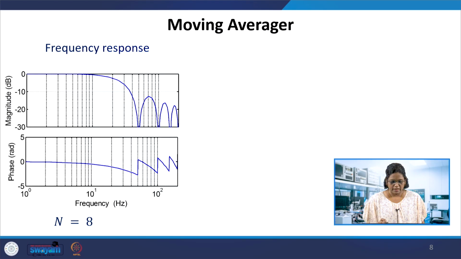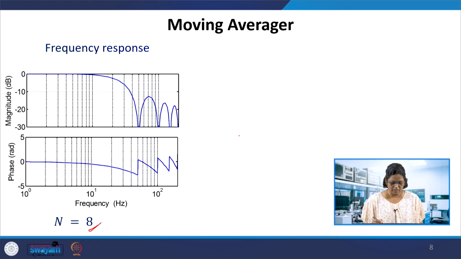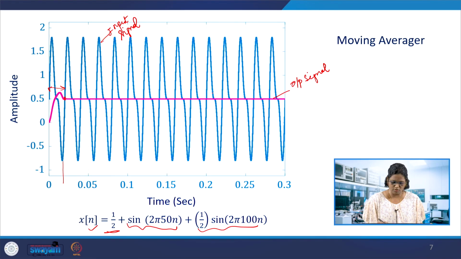Now, for the characteristics, before getting into the frequency response, let's see the pole-zero diagram. Here the pole-zero diagram is plotted for N equal to 8, whereas we have chosen N equal to 64 to get a smooth waveform, that is, 64 samples per cycle.